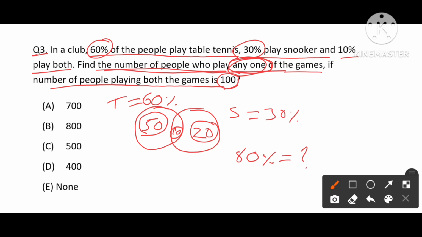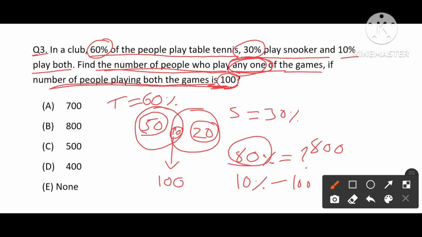In question it says that the number of people who play both the games means 10%. 10% value is 100. So 10% value 100 means 80% value will be 800. So answer will be option B.